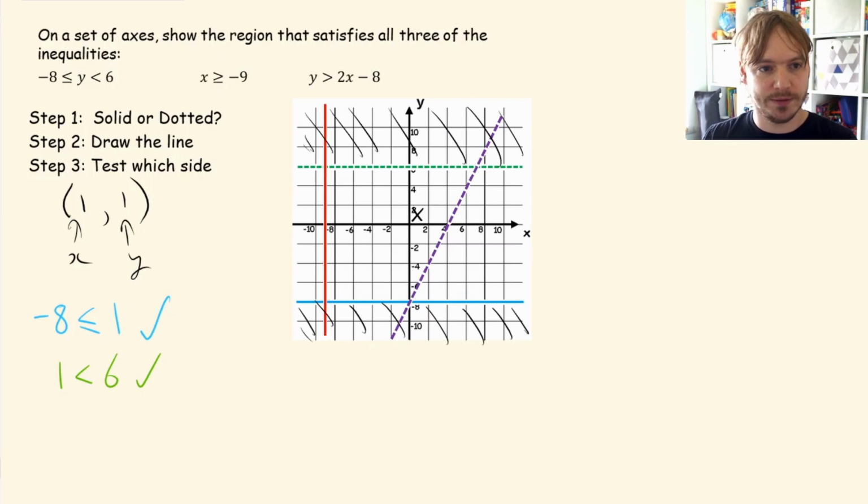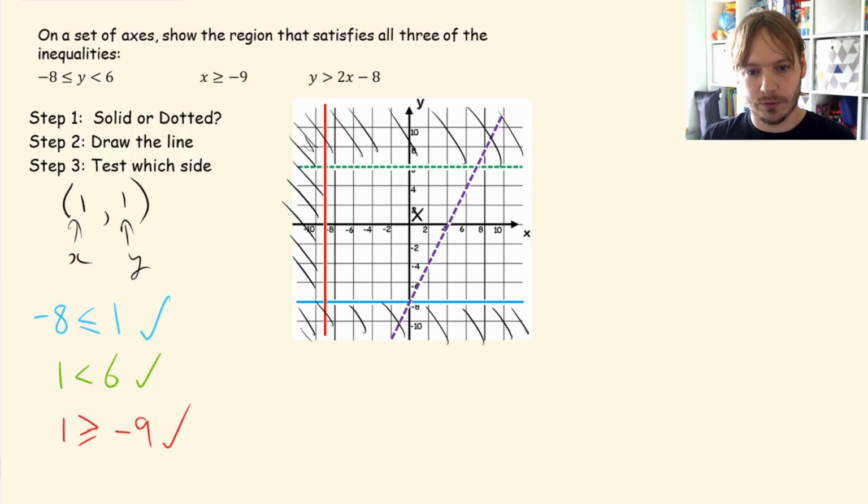Don't need that space. My third says x is greater than or equal to -9. x is 1, so is 1 greater than or equal to -9? Yes, it is. So I'm in the right place, which means the left-hand side of this red line we can cross out, we don't need. And the final one, I need y, which is 1, to be greater than 2x, which is 2 times 1, take away 8.